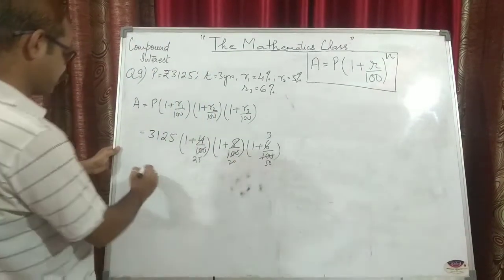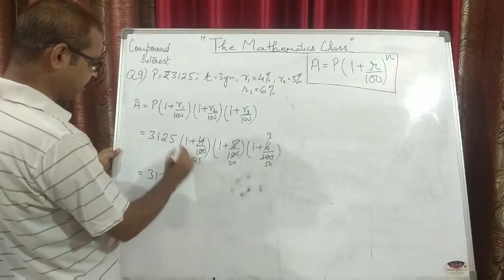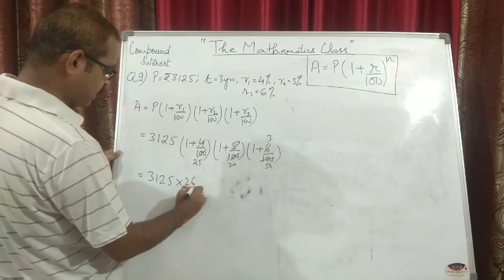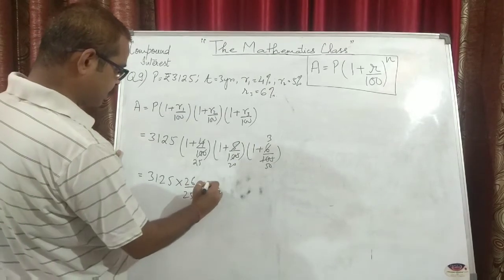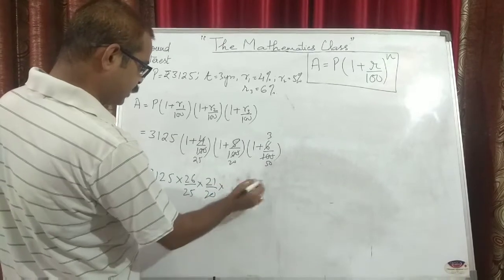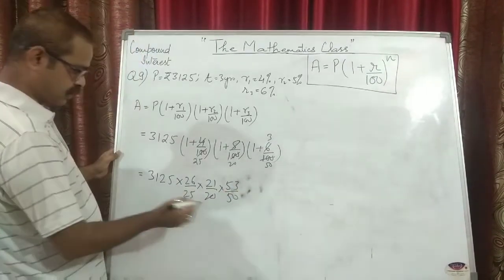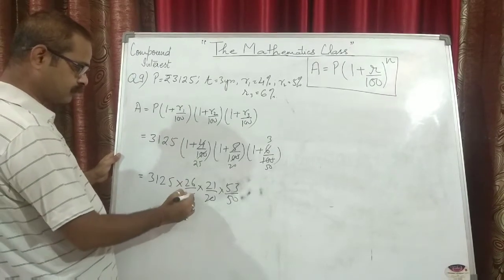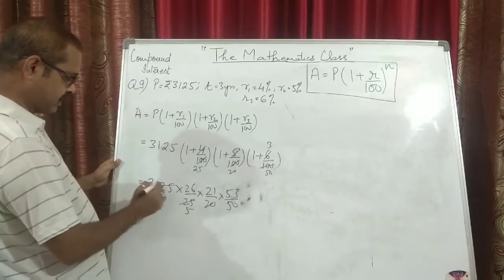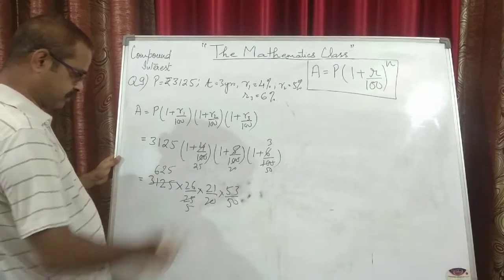Means 50 times. So it becomes 3125 into 26 upon 25 into 21 upon 20 into 53 upon 50. Now you can divide it. 5 5s are 25, 5 6s are 30, 5 2s are 10, 5 5s are 25.